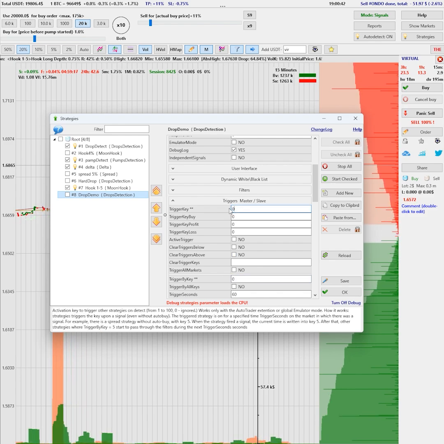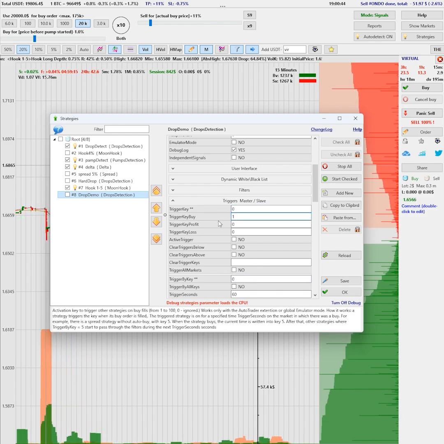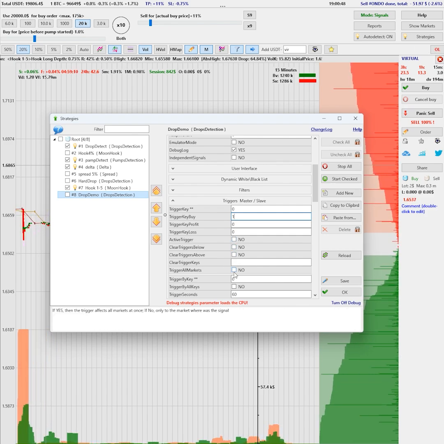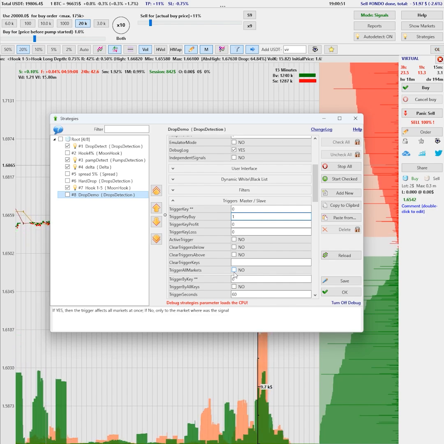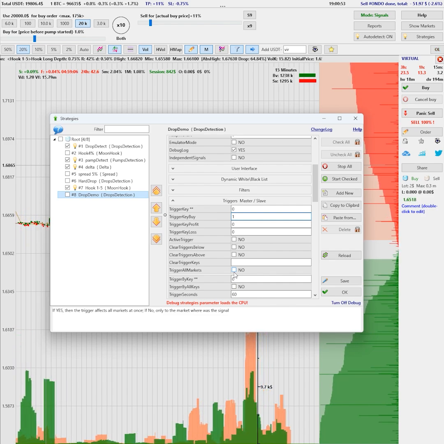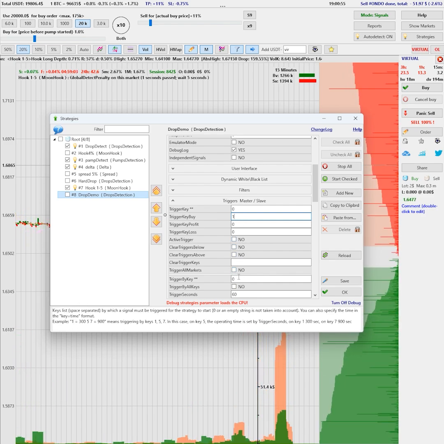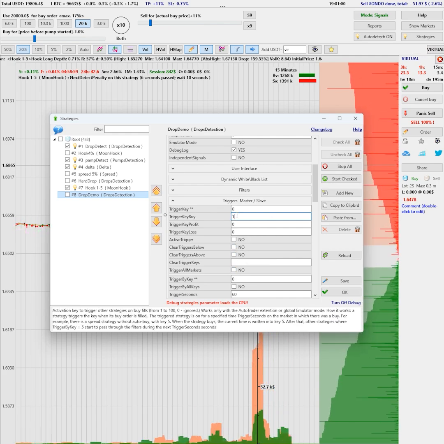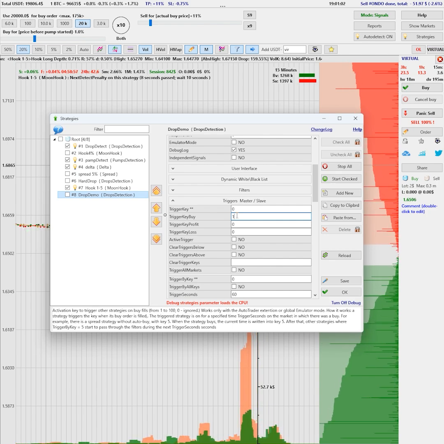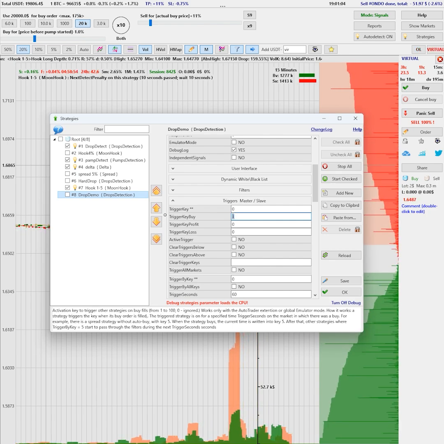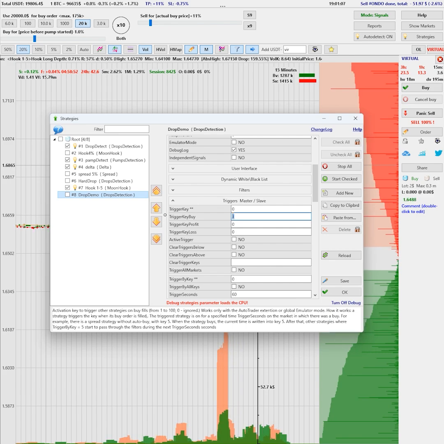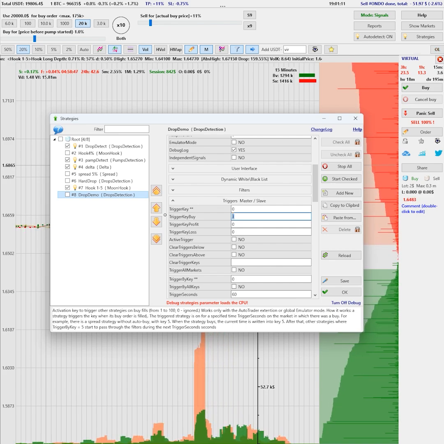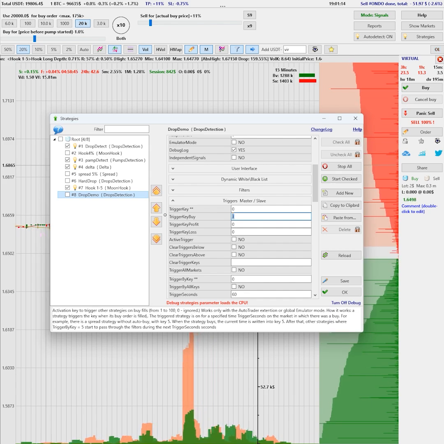If we have 0 here but 1 here, the strategy passed the filters and everything, but it's not going to trigger a different strategy until it buys, until it executes a buy order. What you could do, for example, is with a drop strategy, you can say trigger key buy 1, then have another strategy, let's say a pumps detection strategy, that will do a hedge short, right?